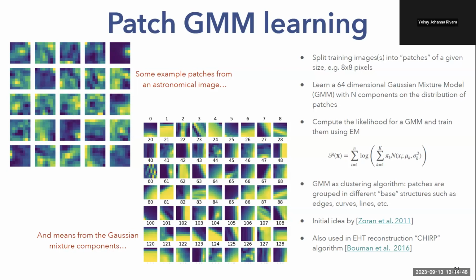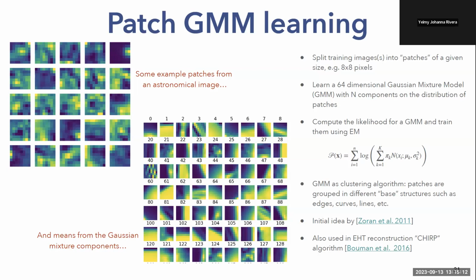Here's a diagonal edge. Here's a gradient. Here's a sharp edge in this direction. Here is another very sharp edge in this direction. Slightly different. Here the edges move to a different direction, or slightly to the right, and all these structures. So this Gaussian mixture model can learn the elementary or basic structures in an astronomical image.